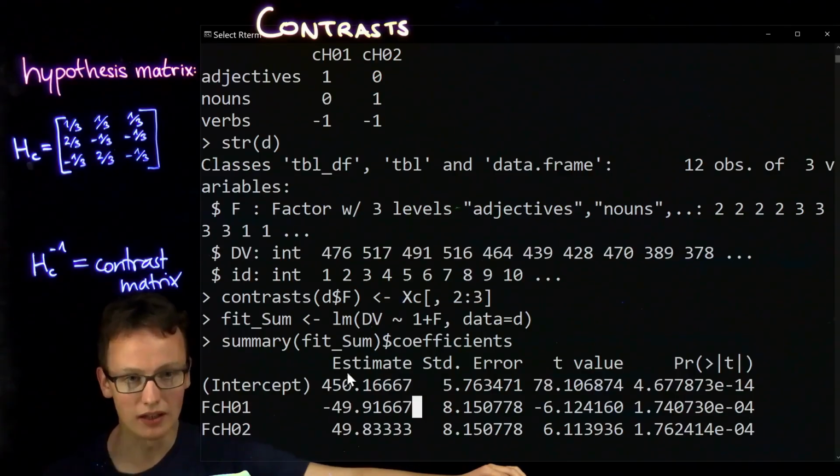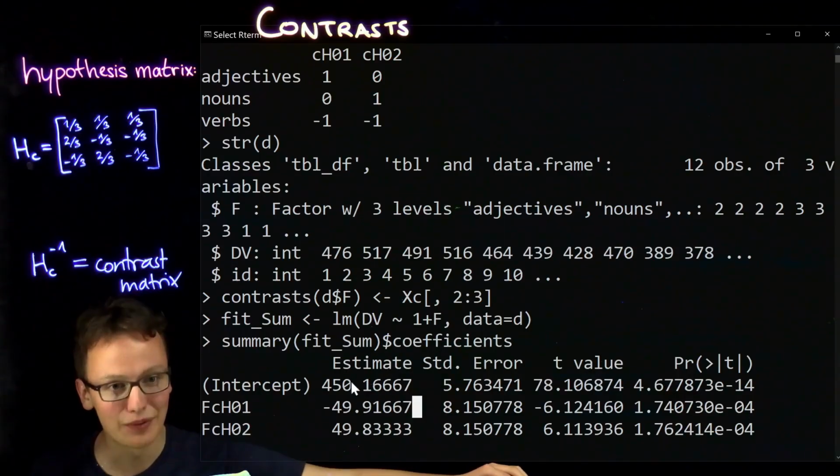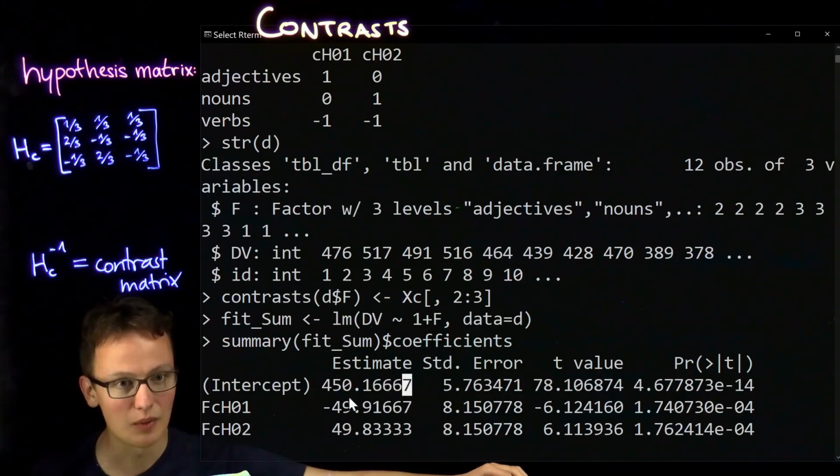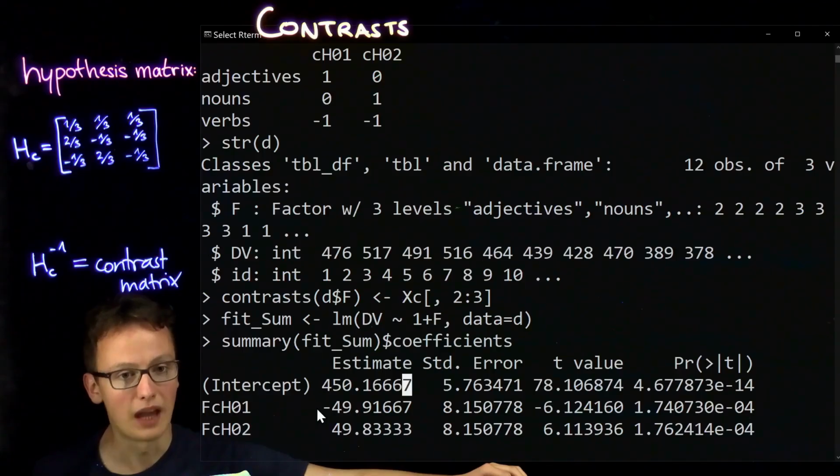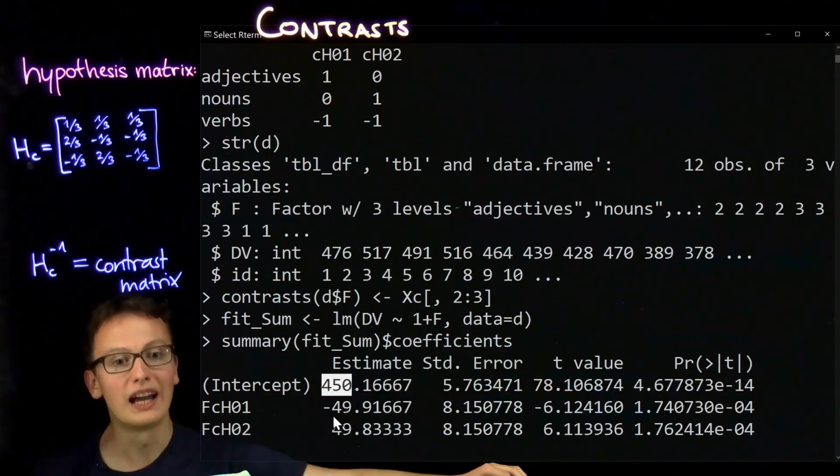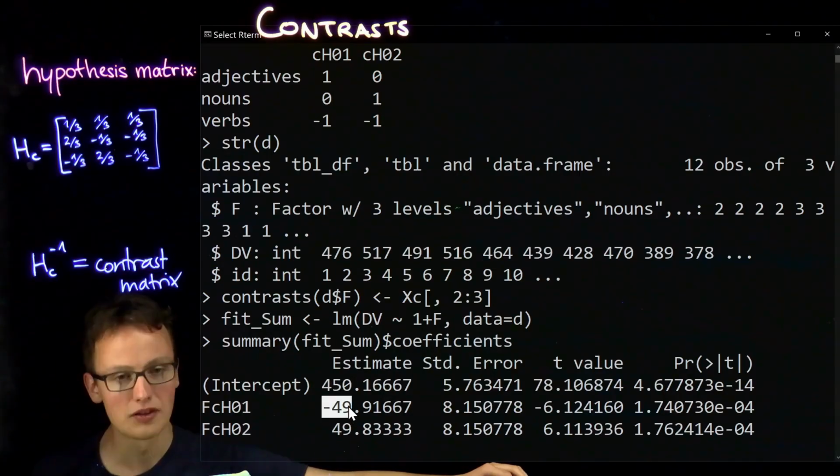So you can already deduce from this intercept together with this slope, because this intercept represents the grand mean, that the predicted average reading time for adjectives will be at 450 minus 49, so roughly 400 milliseconds, okay?